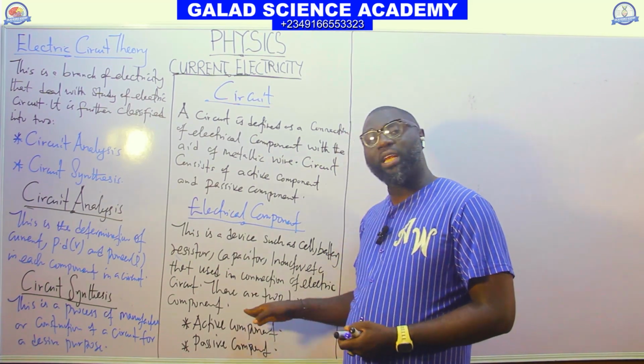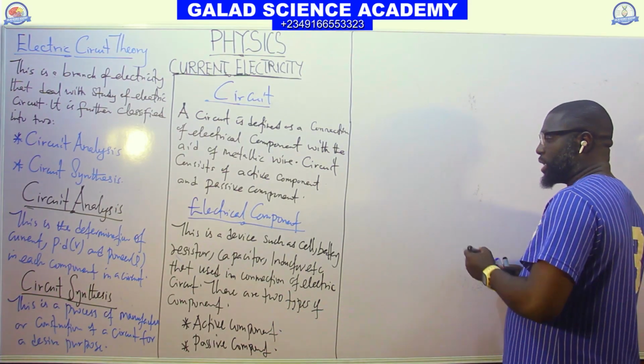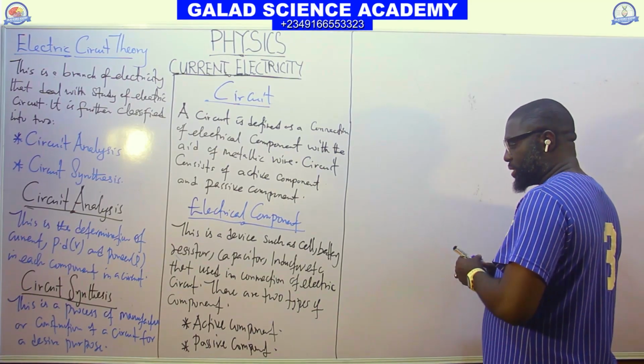Any component that receives current from the power source is called passive, and they are also called sink. And active components are also called source. So let me define active components.